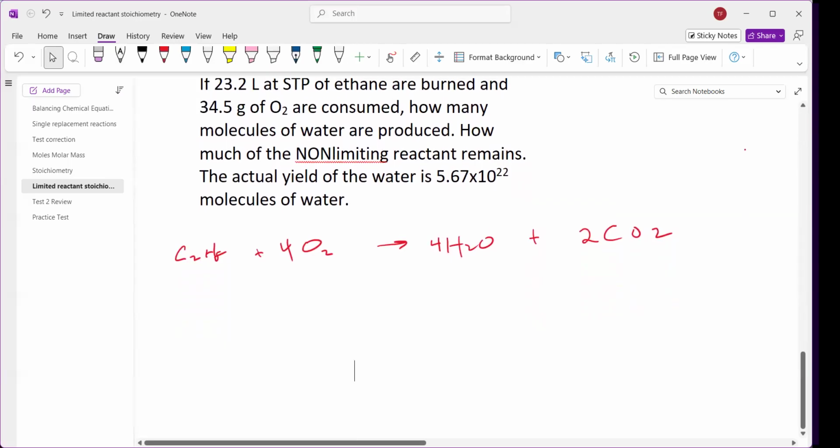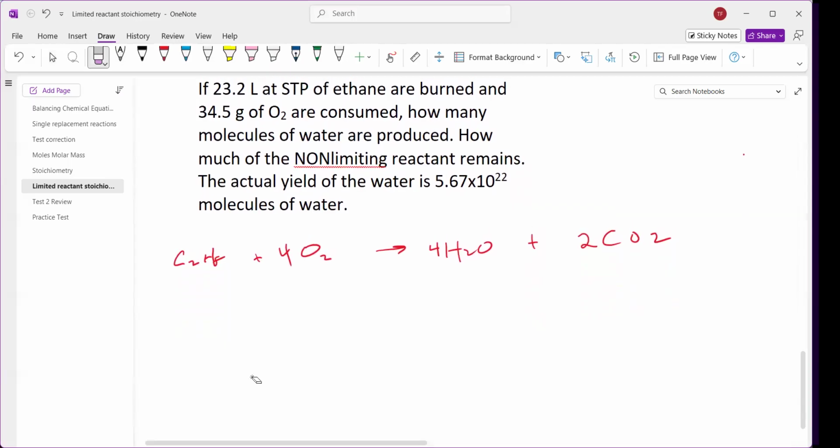So we're starting with masses and liters. I'll usually say at STP. If I don't say at STP in my class, Chem A, assume it's at STP. In your next class, it will not be at STP.